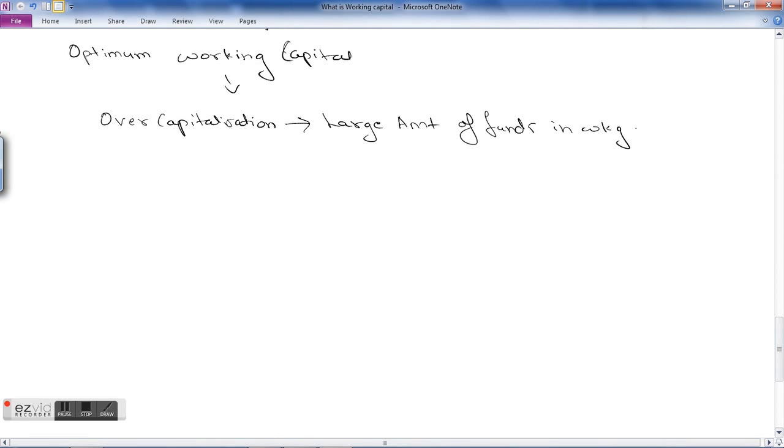In such a condition, you have blocked your funds in the working capital. There are chances that your excess stock may expire. Then there may be a low rate of return since there is no optimum utilization of your resources.